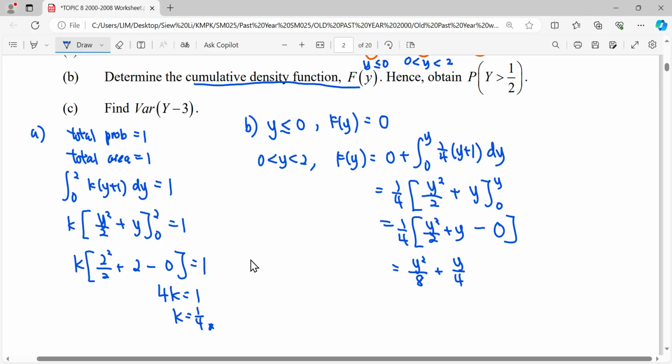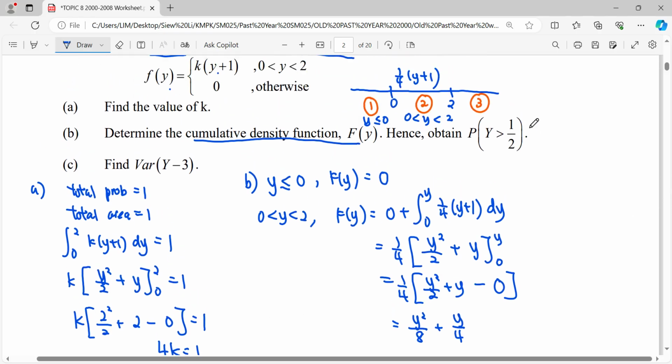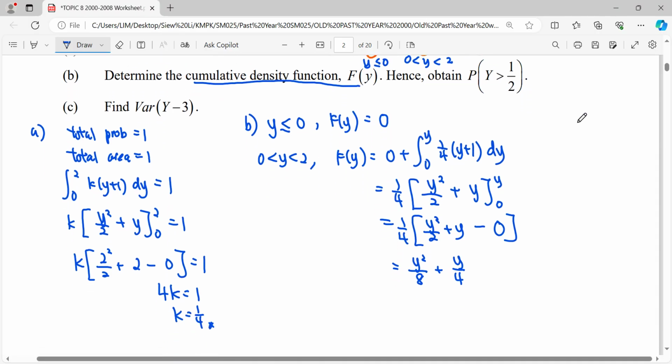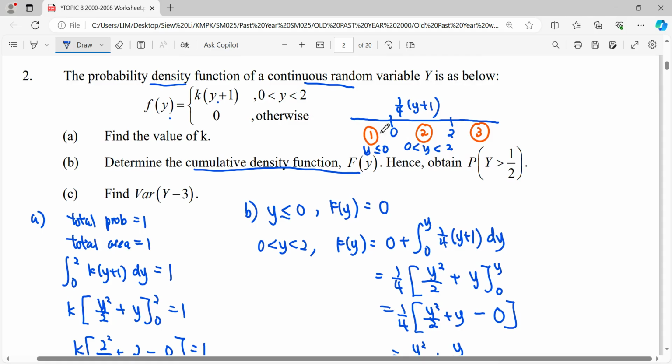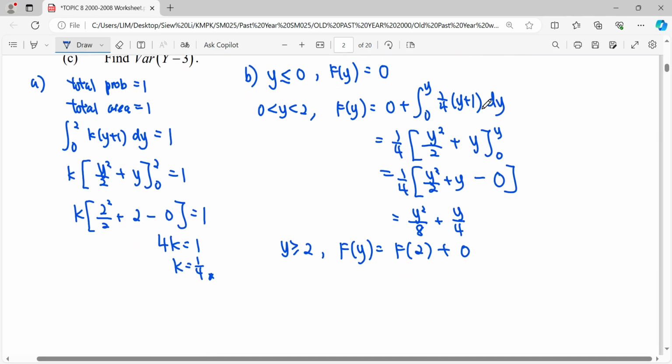Then you move up to the next interval, step number 3, which is after the random variable 2, so y is greater than or equal to 2. For the cumulative function, as you accumulate, it will be up to 2 already. In the current interval, we don't have any function. So when you add, it means you already accumulated y up to 2, so F(2) plus current interval 0. So 2 will be substituted into the previous function, which is 2 squared over 8 plus 2 over 4.